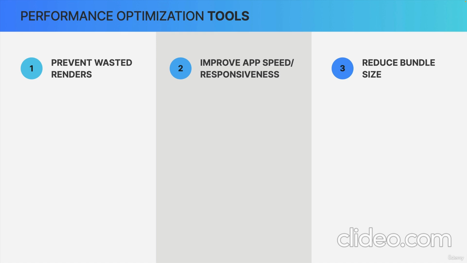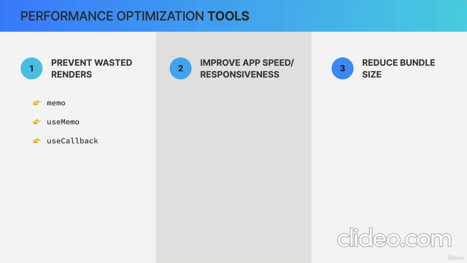So in order to prevent wasted renders, we can memoize components with memo, or we can memoize objects and functions with useMemo and useCallback hooks. And of course, you don't know what any of this means at this point, but we'll get to it over the next few lectures.